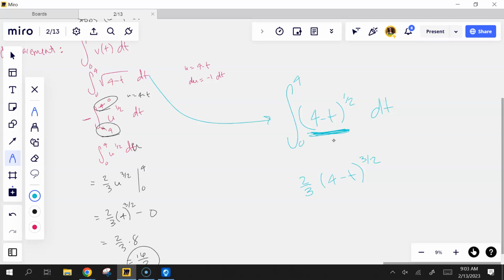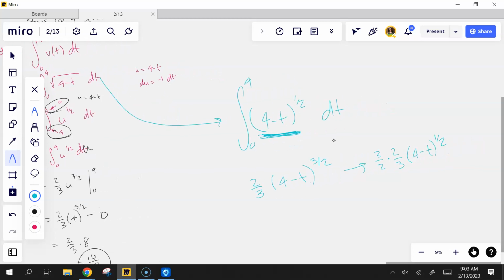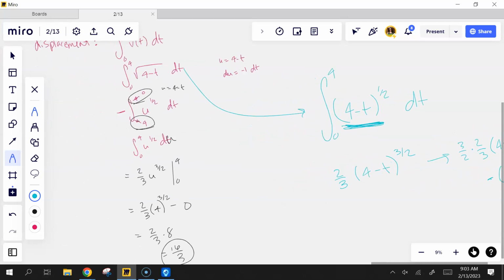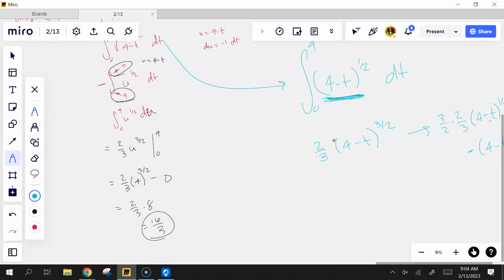If I go back and check it and do the derivative of this to see if I go back to what I started with. I multiply through, right? And I get 3/2 times 2/3, 4 minus t to the 1/2, and now I got to chain it times -1, right? See where that negative is going? That's why you have to be really, really careful. So the derivative of this would be negative 4 minus t to the 1/2 and not 4 minus t to the 1/2. That's how I know I messed up. That's why your sign's different. Does that make sense? That's why all of this was important in the beginning where I switched them around and flipped the sign.